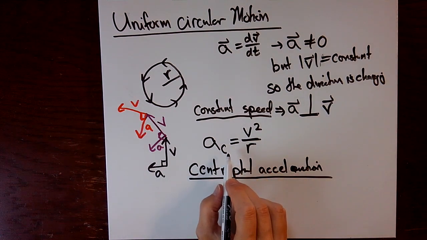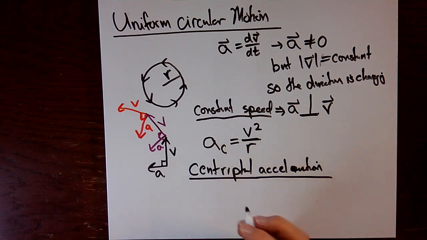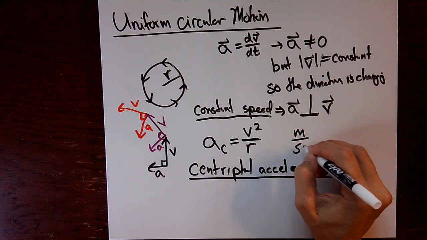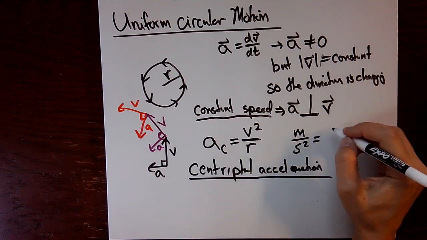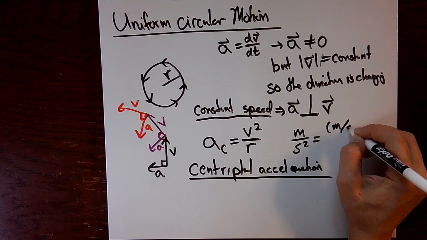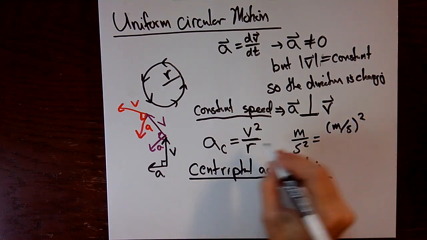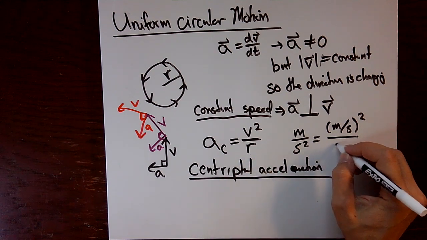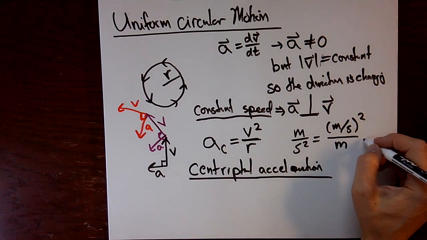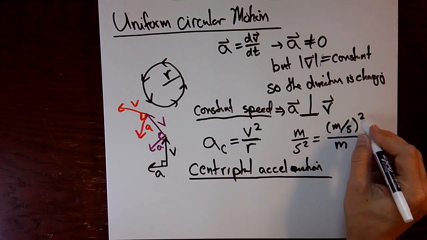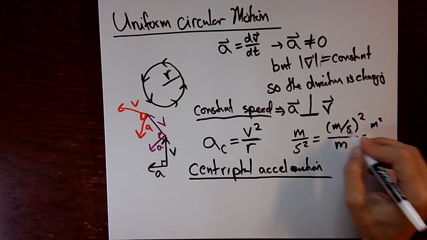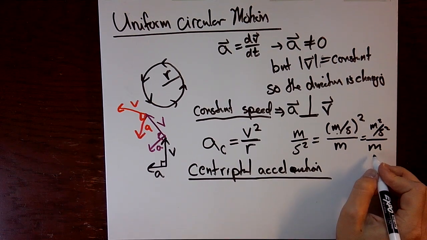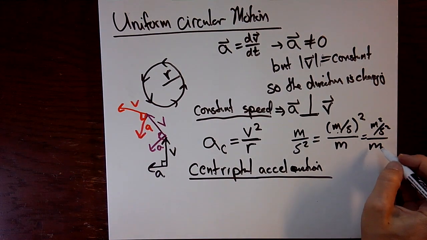Now let's double check to make sure those units make sense. Acceleration is going to have units of meters per second squared. Velocity, of course, has units of meters over seconds, and then that whole quantity is squared because velocity is squared. And then radius, that's a distance, it's got units of meters. So we'll square the meters on top, meters squared, square the seconds, and the meters on the bottom from the radius just stay as they are.